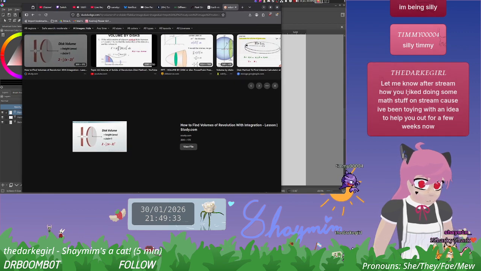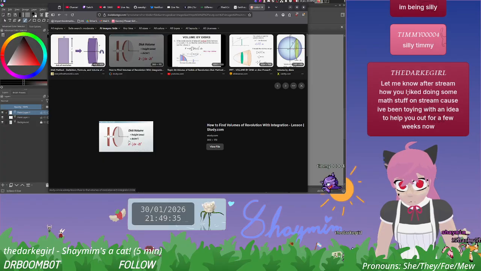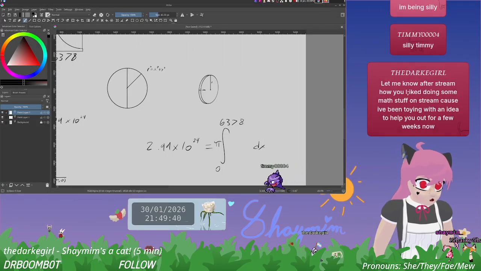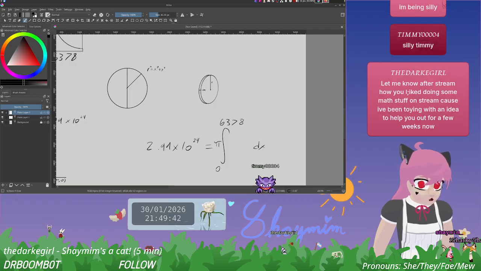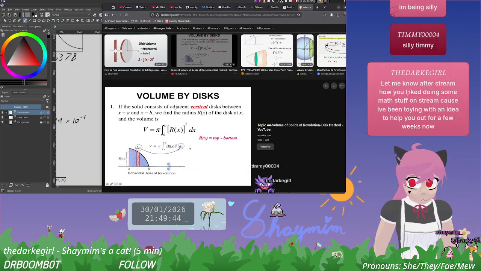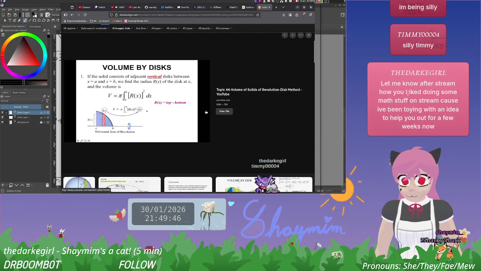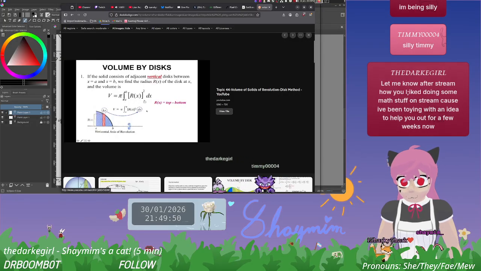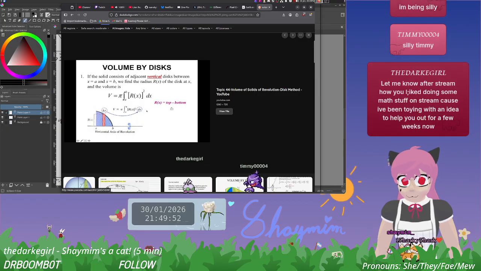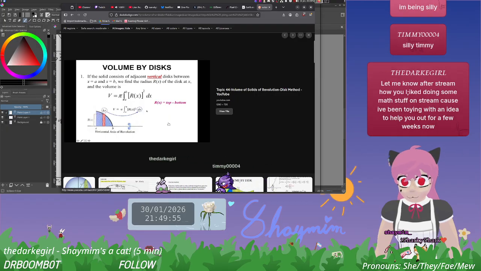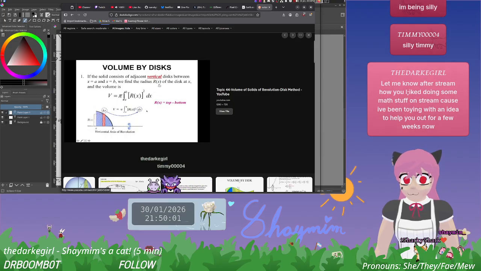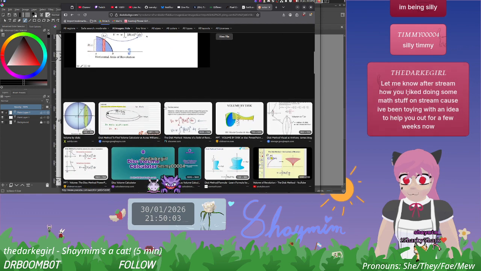Here's a formula here, just to help out. It says delta x times pi r squared is correct, okay. Here. The solid consists of adjacent vertical disks, pi from A to B, r of x, where r of x is the top minus the bottom. Hang on.